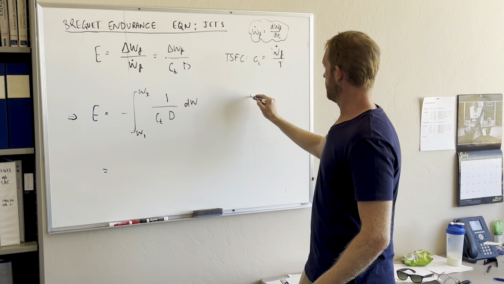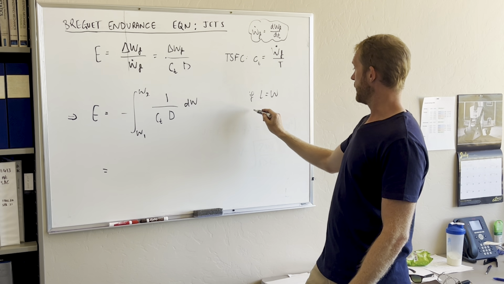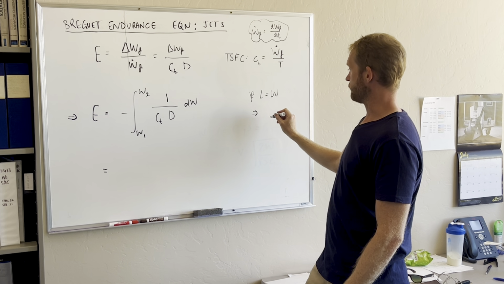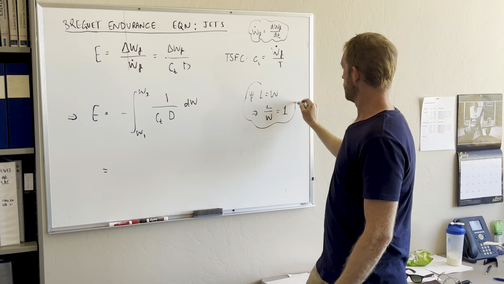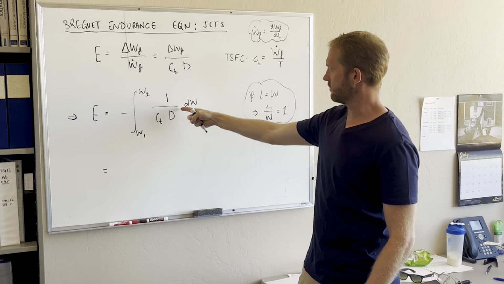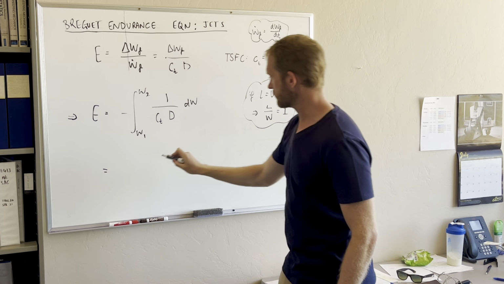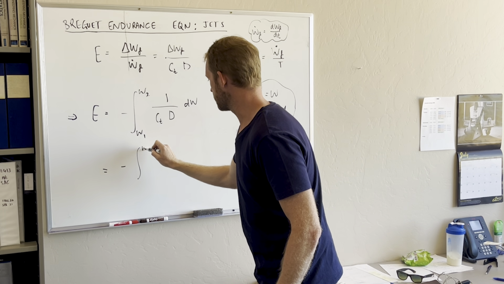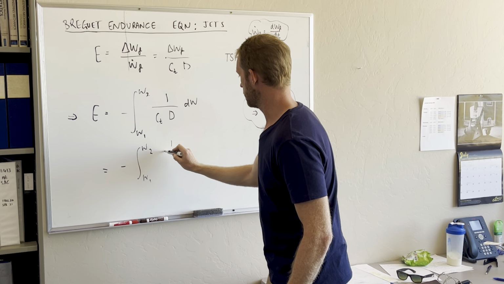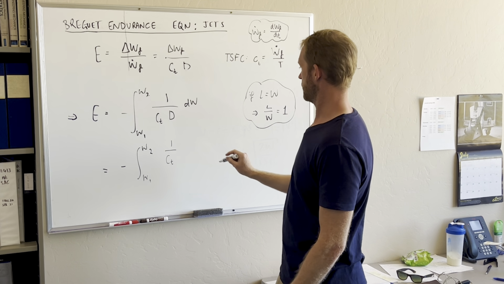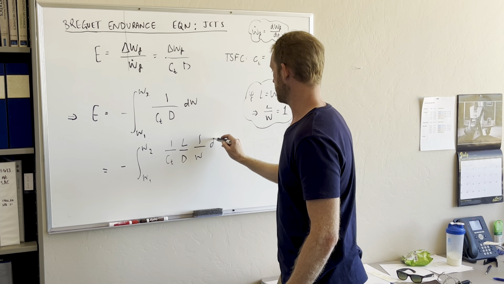So if lift equals weight in our cruise problem, then L over W is equal to 1. So what I'm going to do is just multiply this term inside the integral by 1 in disguise. So to get us started, 1 over CT, L over D, 1 over W dW.